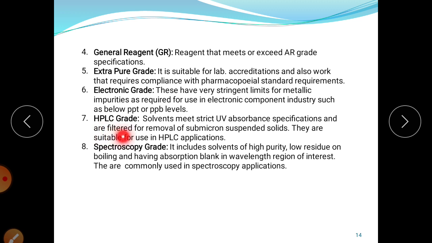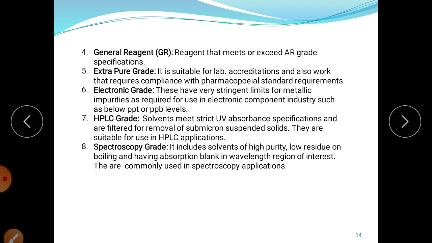The solvents are filtered for removal of submicron suspended solids, as they are suitable for use in HPLC applications, because we know that in HPLC the mobile phase is liquid, and the mobile phase should be free from any kind of suspended solids, and the solvent should not absorb in the UV region.